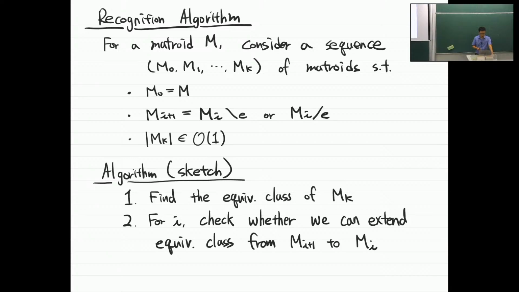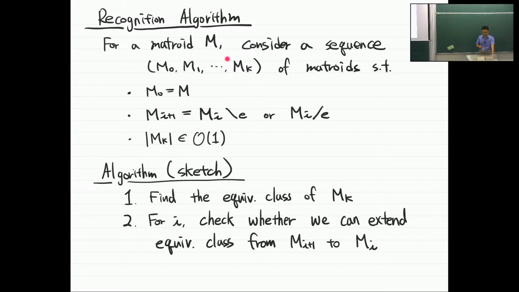So we want to construct an algorithm to recognize if a given matroid M is graphic or not. This is not the topic of today's talk, so let me explain briefly. For a given matroid M, we want to know whether it is graphic or not.